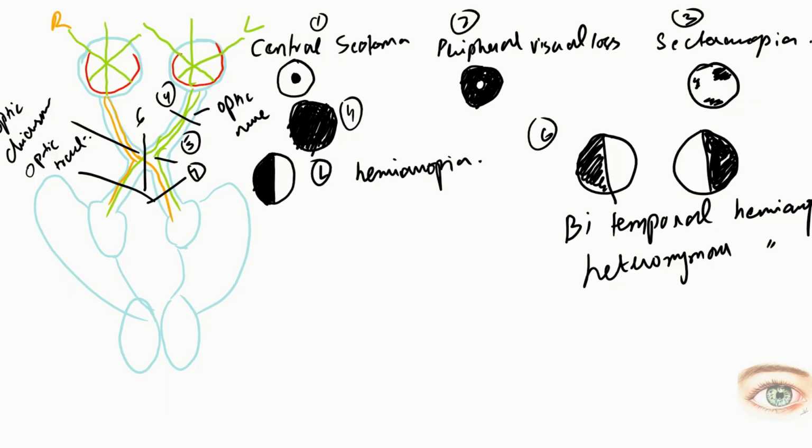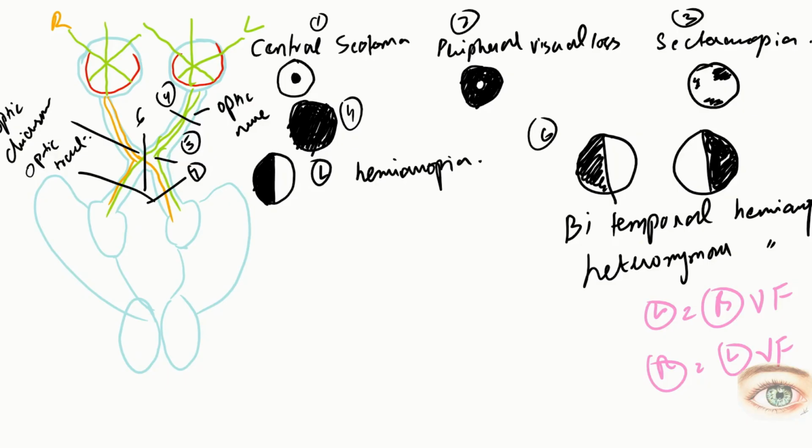Now, focus on my words. From the point of the optic tract onwards, the left side will carry the right visual field, and the right side nerve fibers are going to carry the left visual field.